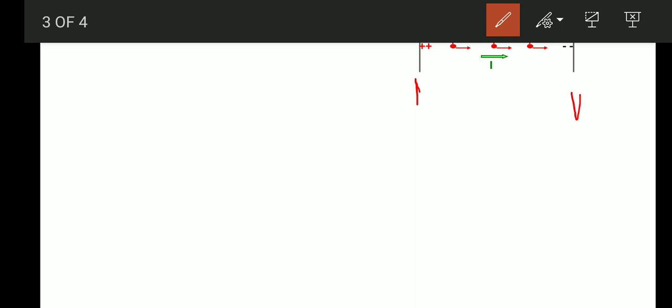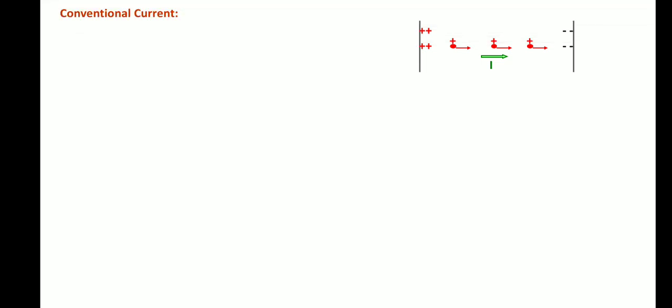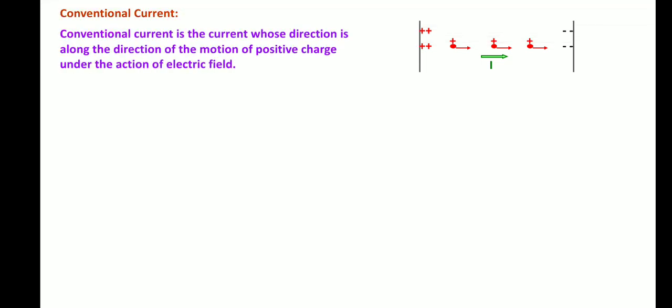Then the positive charges moving from A to B is called conventional current. So conventional current is the current whose direction is along the direction of the motion of the positive charge under the action of the electric field.